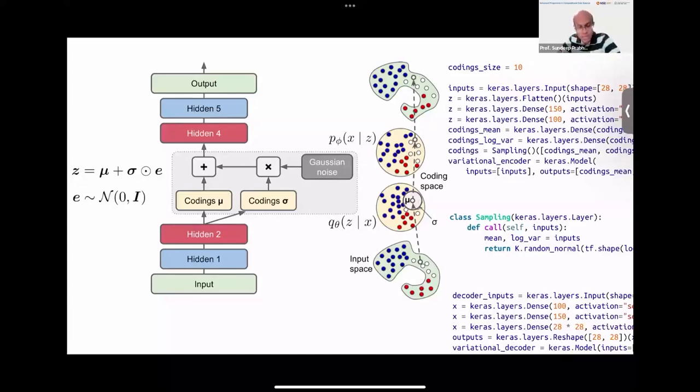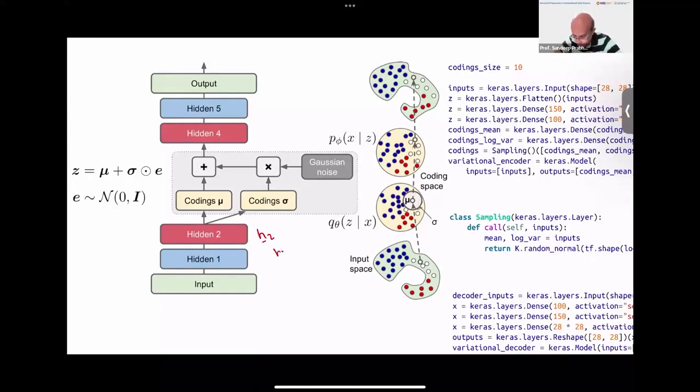Now, how do we generate this random vector? You basically take, say, the output at hidden layer 2, and this output at hidden layer 2 is transformed into two vectors. One is the mean and the other one is the variance vector.